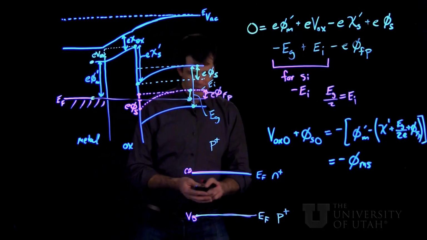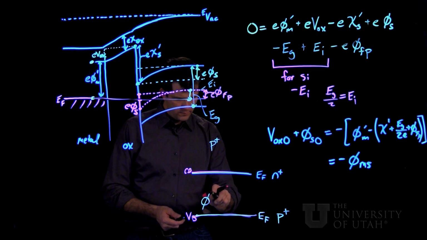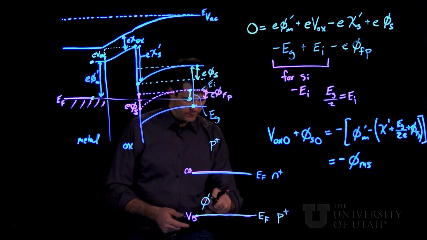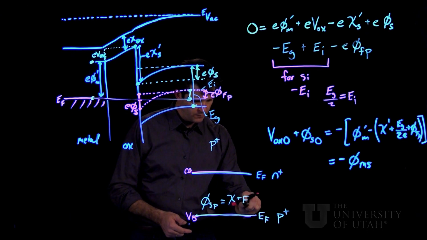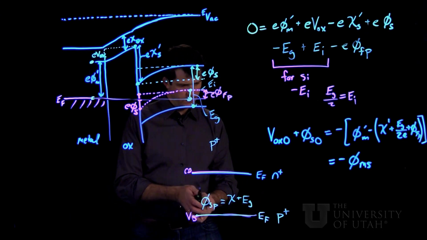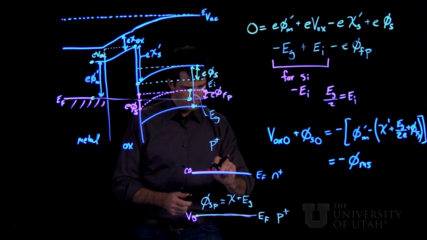So in those two limiting cases, the work function for the p-type case is equal to the electron affinity plus E gap, and then for the N+ case, it's just the electron affinity.